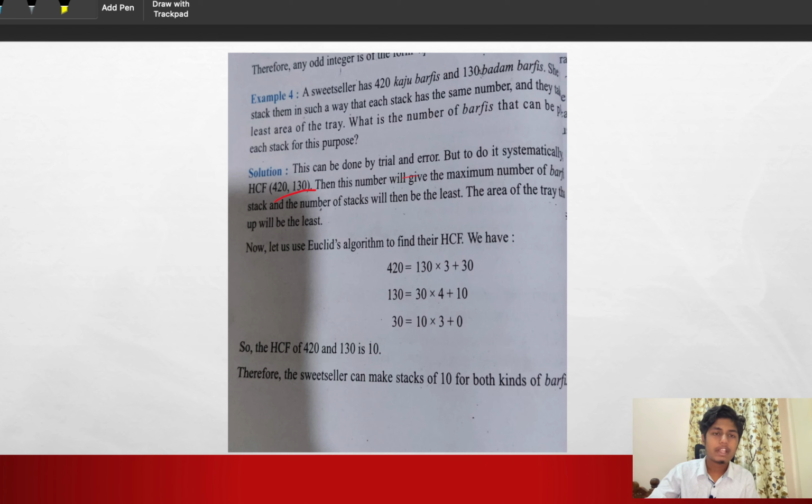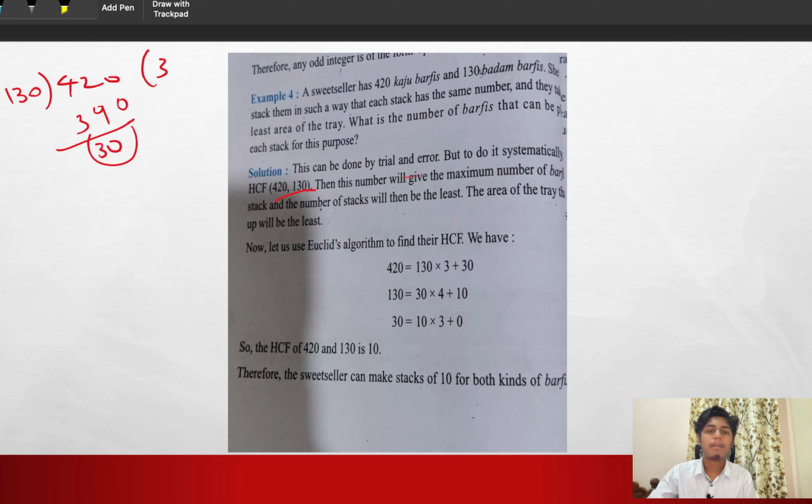So by dividing 420 with 130, we get 3 as coefficient and 30 as a remainder. Here remainder is not equal to 0, so we have to apply Euclid's division lemma one more time by considering the divisor as dividend and the remainder as divisor. Here remainder is not equal to 0, so we have to apply Euclid's division lemma one more time.